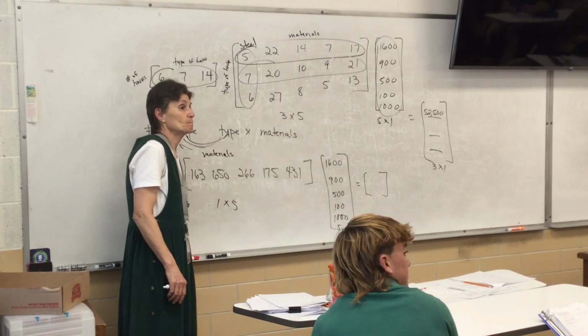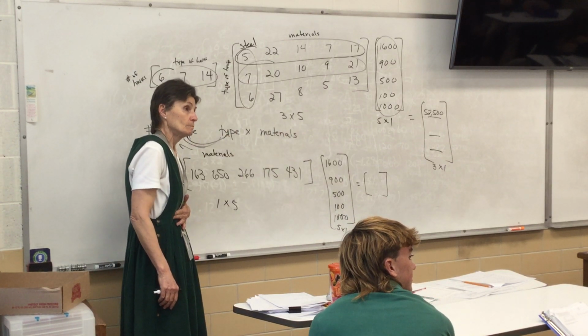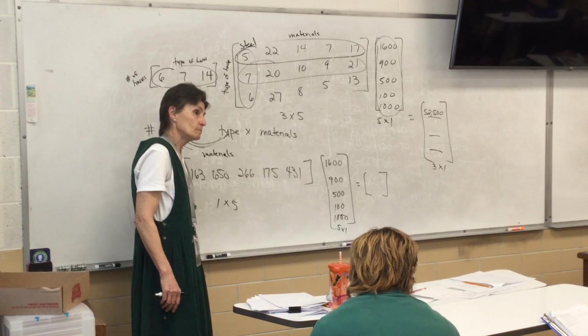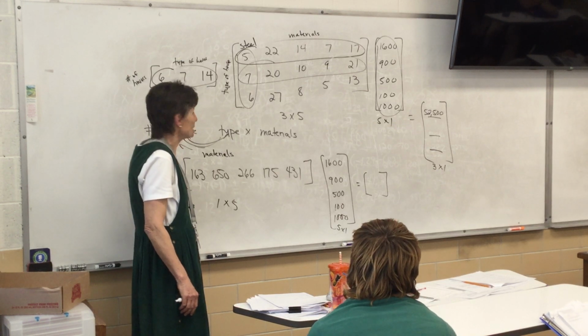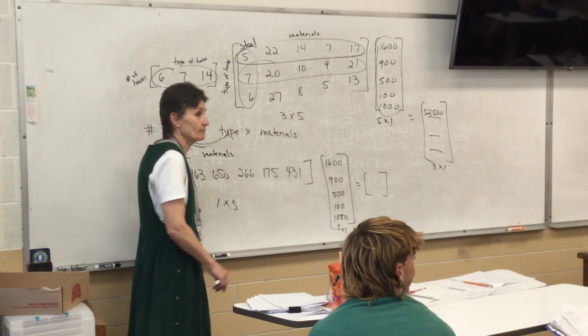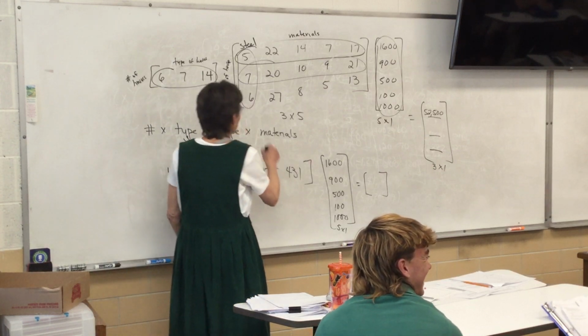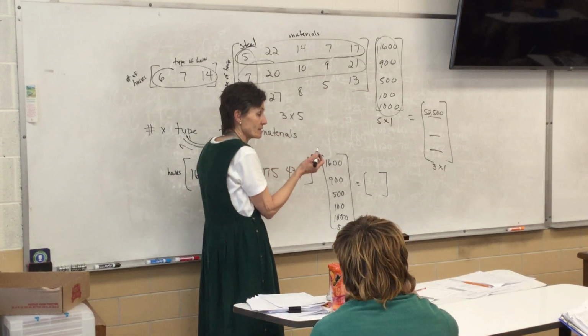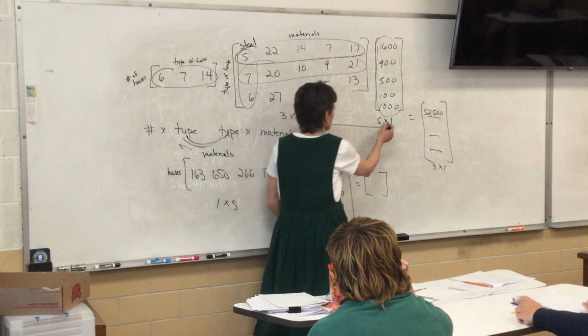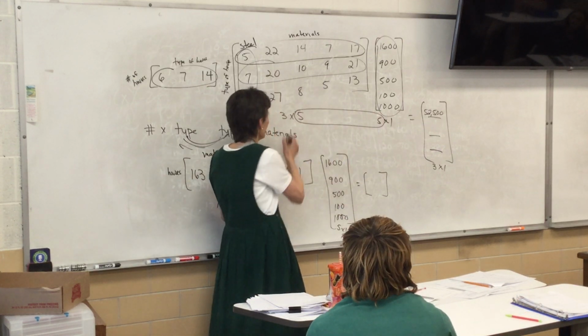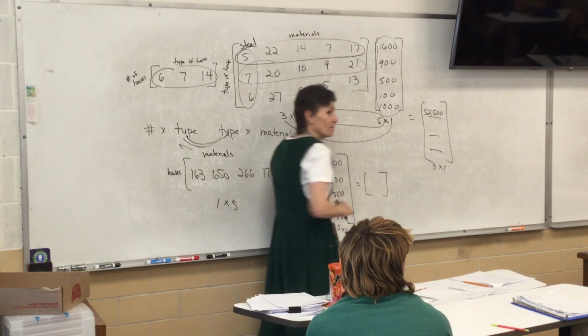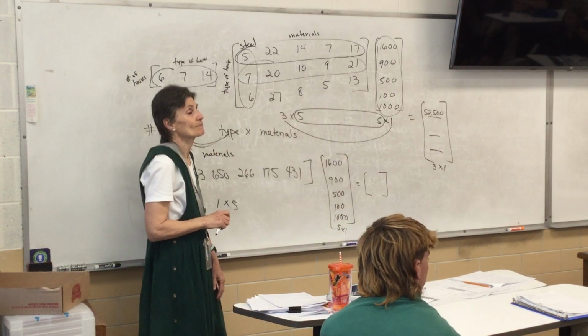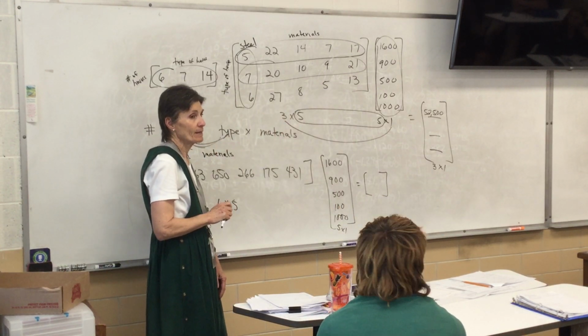David? How do you know, before you do the problem, that the answer is gonna be a 3 by 1? You asked me that same question the other day. So listen, here we go. When I multiply matrices, the inside dimensions have to match, and the outside dimensions tell me how big my answer is. Right?